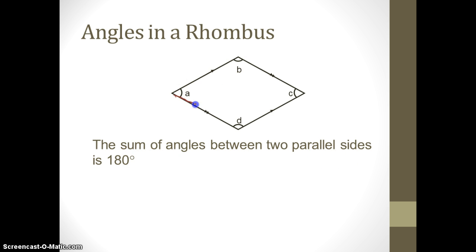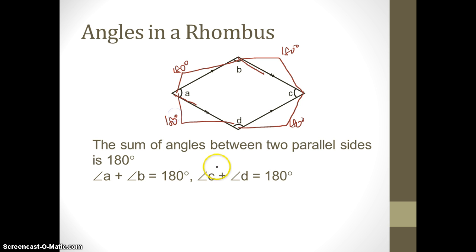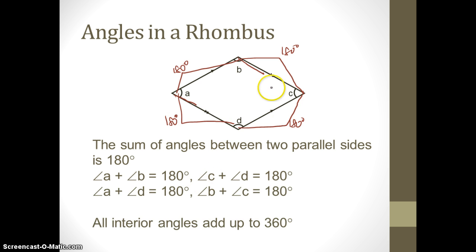So if we look at this and these parallel sides, A and B is 180 degrees, C and D is 180 degrees, angle B plus angle C is 180 degrees, and all the angles will add up to 360 degrees.